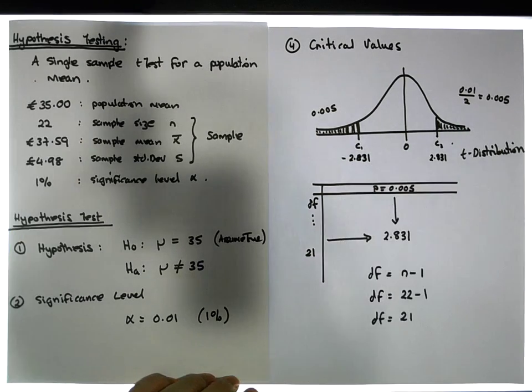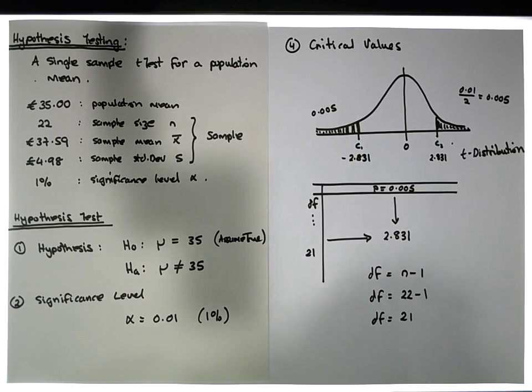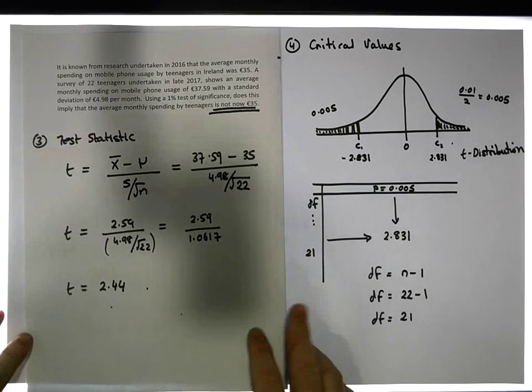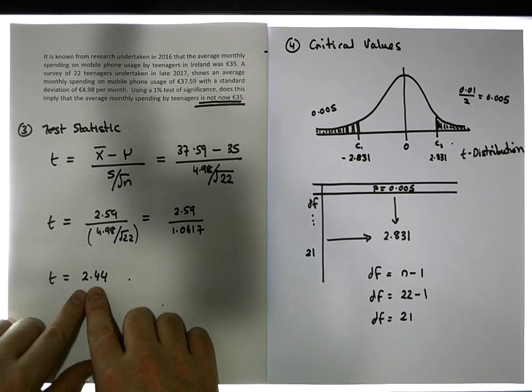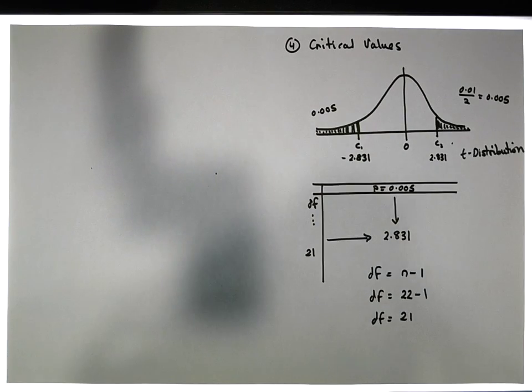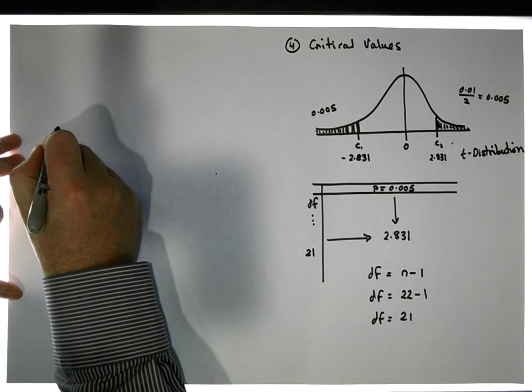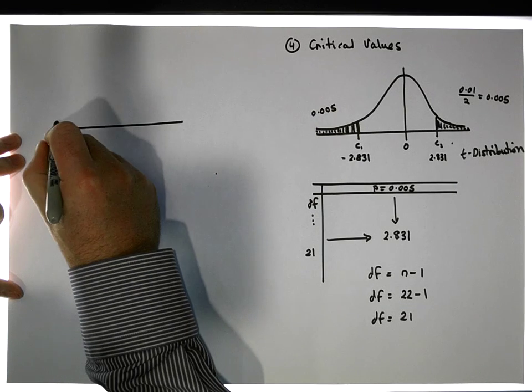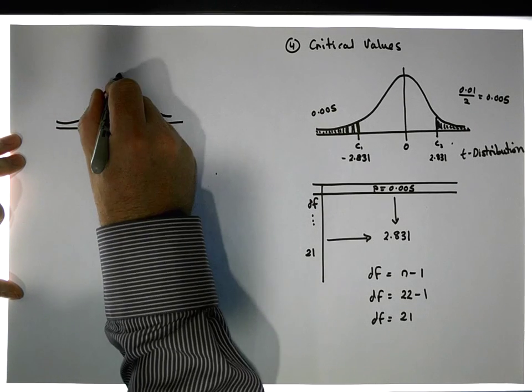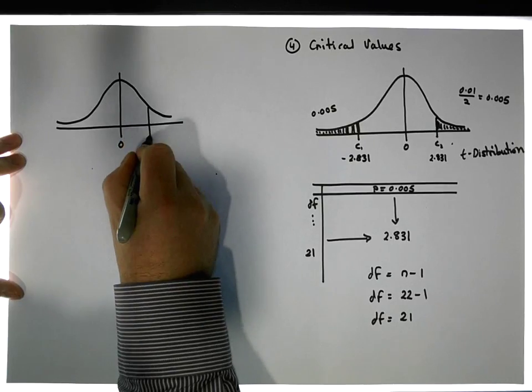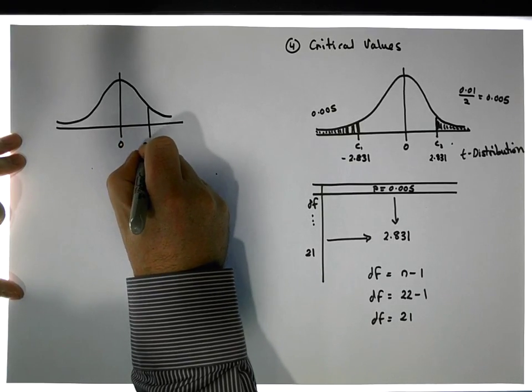Now, hopefully what we can observe here is that our test statistic that we calculated is 2.44. So when it comes to our decision, let me redo this curve again. We have our curve centered on 0. The critical value here is 2.831.